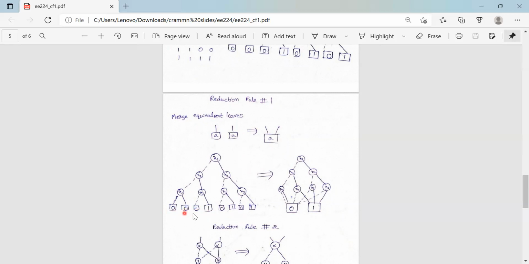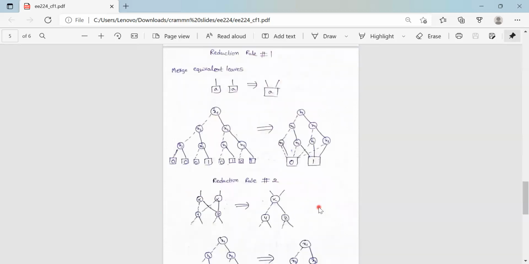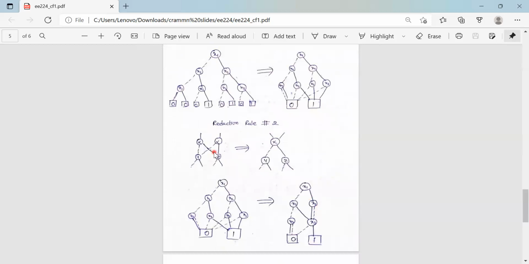We can combine all of these to get just 0 and 1. The second rule is that we can combine nodes with the same output. Here the dashed line is connected to a dashed line and the solid line to a solid line, with the same variable, so we can combine them. So this is the tree.